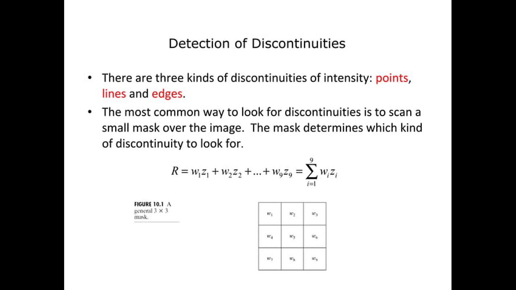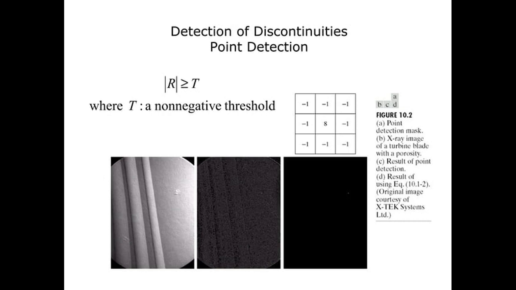The image gray values are multiplied with the mask values. For example, if Z1, Z2, Z3 up to Z9 are the gray values of a particular area in an image, then we place the mask coefficients and apply this operator to find the value of R. Then we fix a threshold value T, a non-negative threshold, and compare R with it.